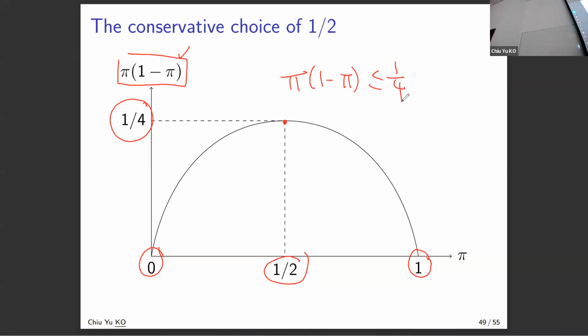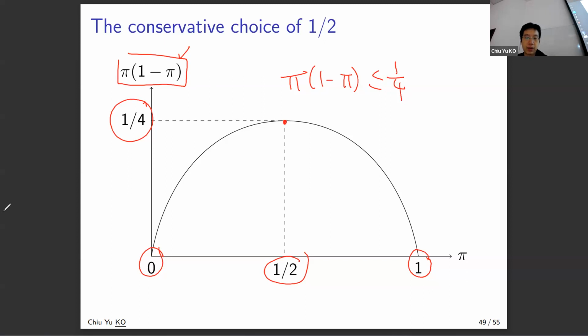We don't know, so we use the most conservative one, 1/4. Since many of you are from accounting, using a conservative number shouldn't require you to think twice, right? Use the worst case scenario as our analysis.